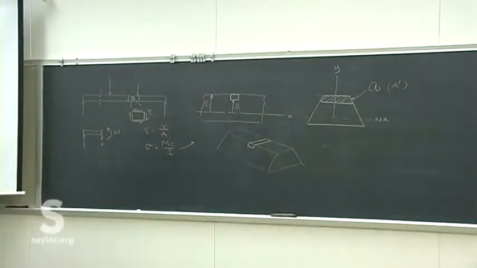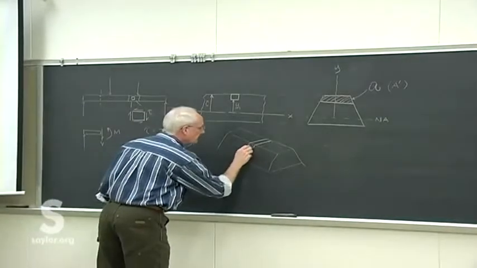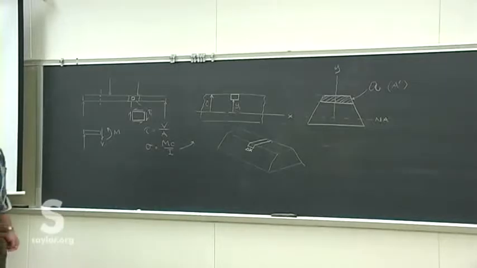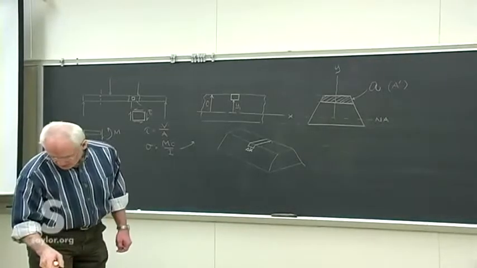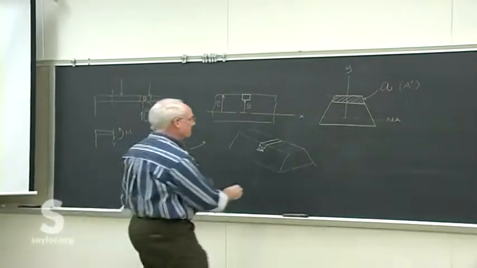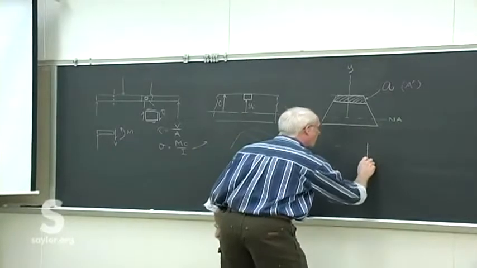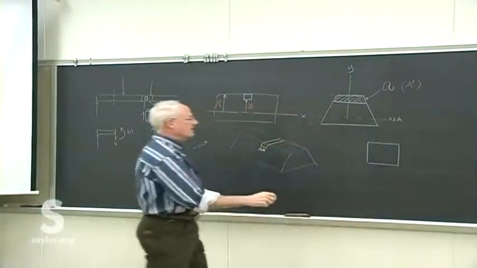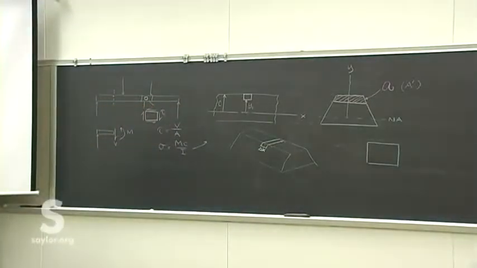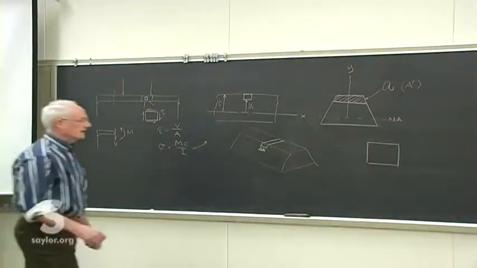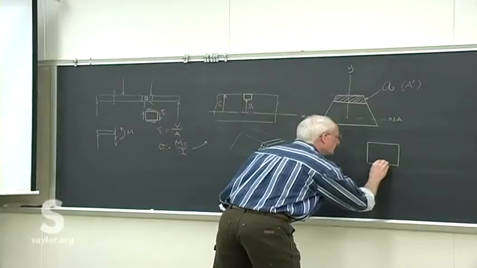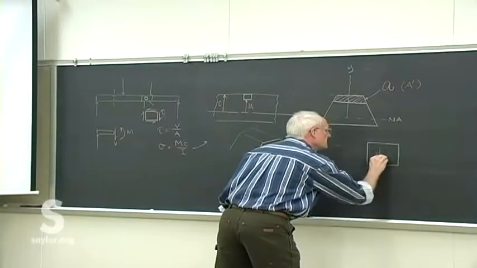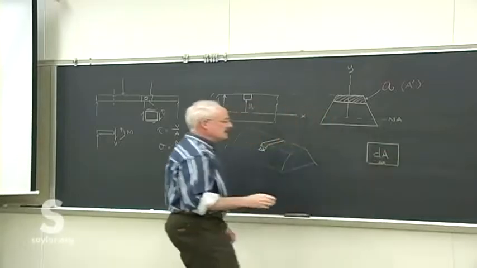So we only need to look at this little piece, delta x wide, and not too concerned with the width in the other direction because it's a square piece. So we've got this piece that's delta x wide, takes up a whole area dA.